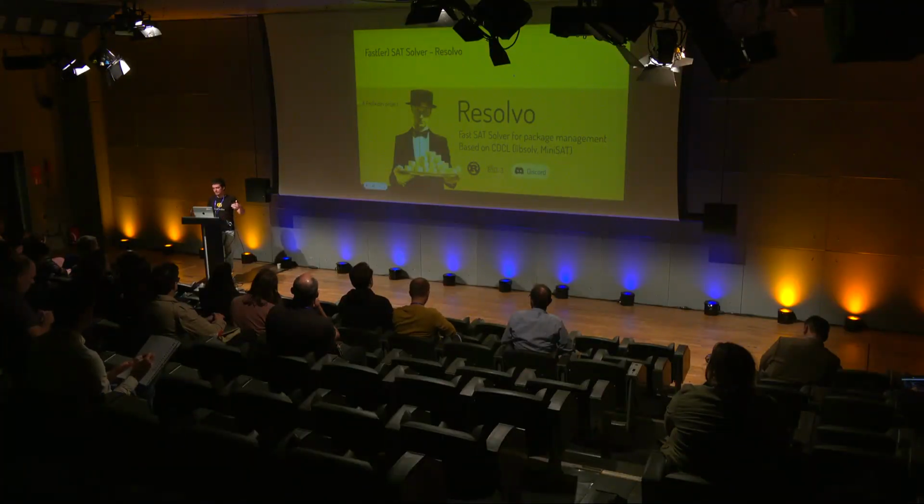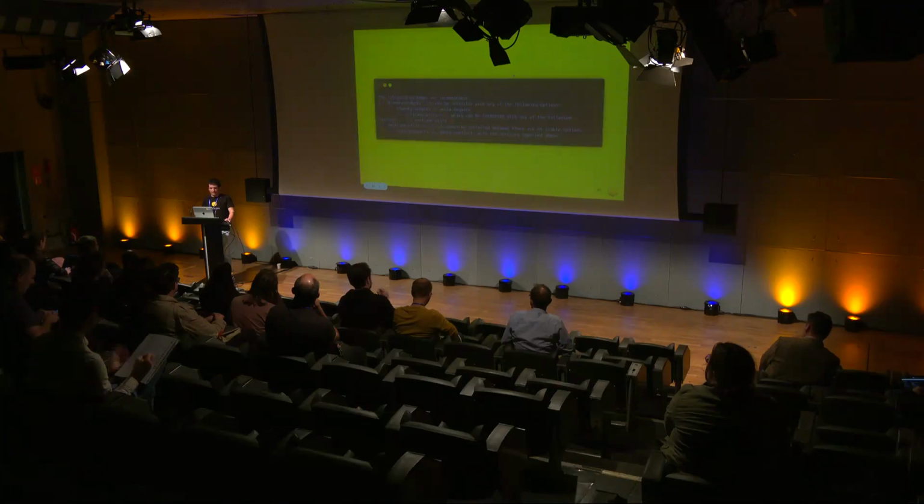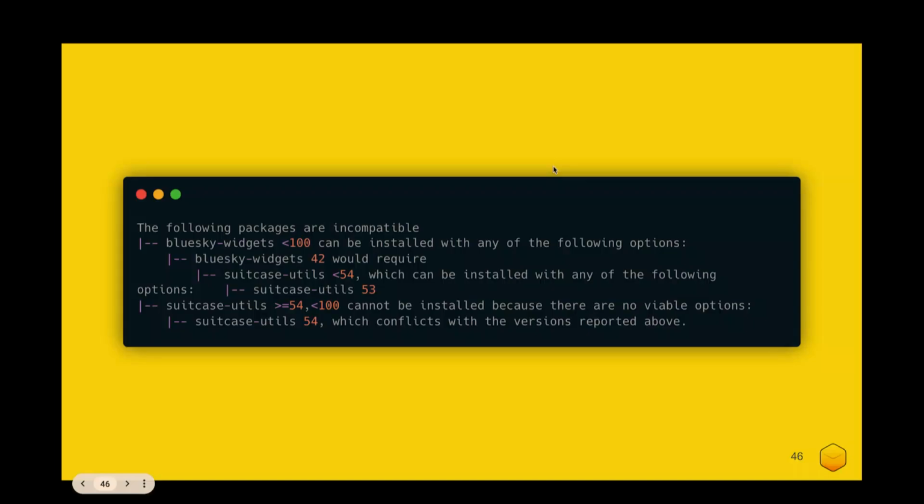So we implemented resolvo. It is a very powerful SAT solver because, first of all, it can be used in a multi-threading environment, and it's also generic over other package ecosystems. So you can implement it for, let's say, the JavaScript ecosystem. And my favorite one is that it has very nice human errors.